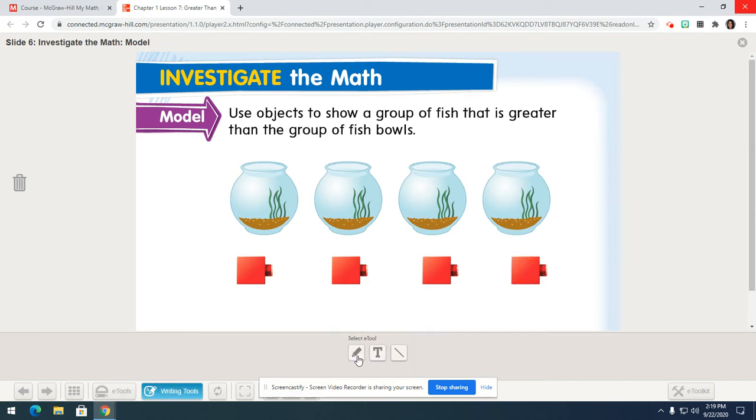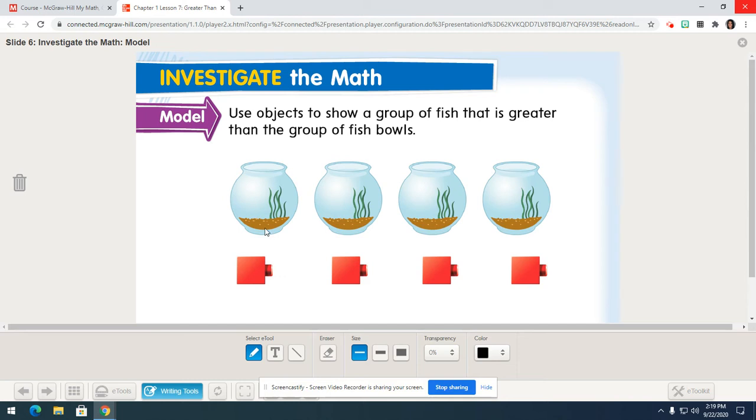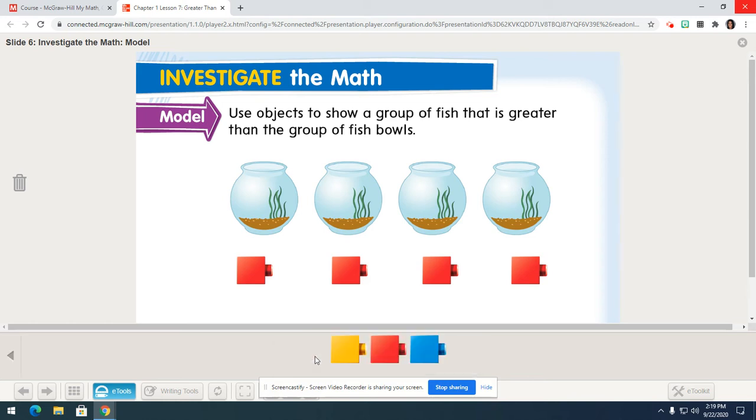Now I'm going to draw a line from the fishbowl to the cube. But before I do that, I want to add 1 more cube. Do you think we have an equal to amount of cubes or a greater than amount of cubes? Remember, to be greater than means to be more.